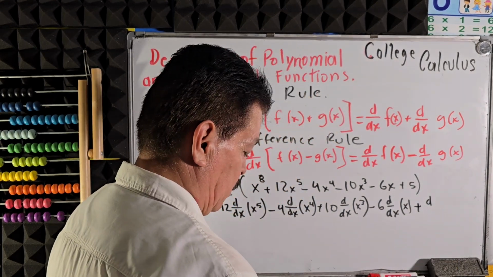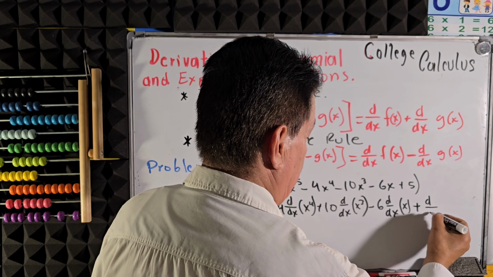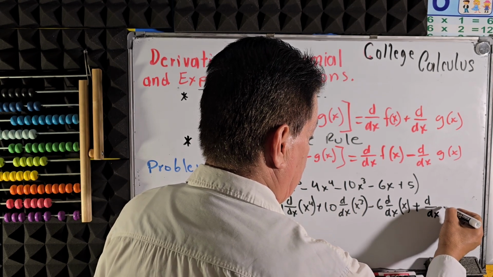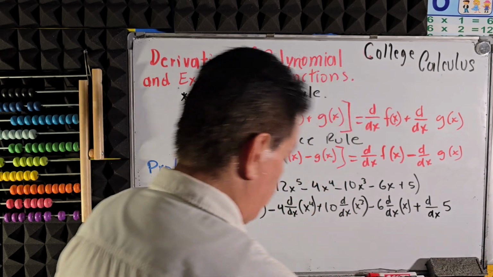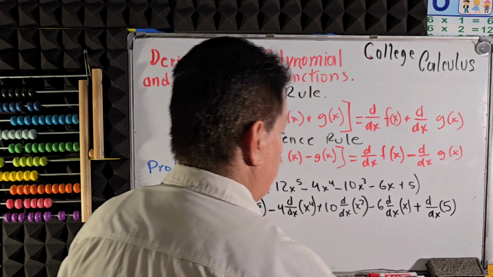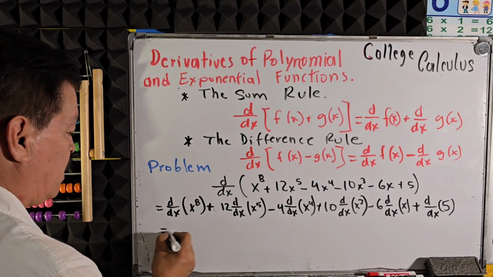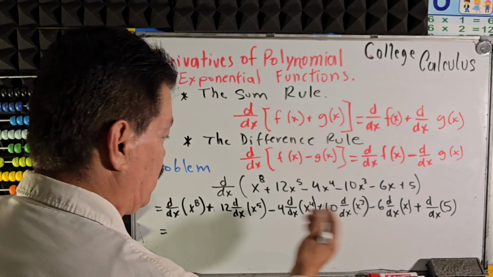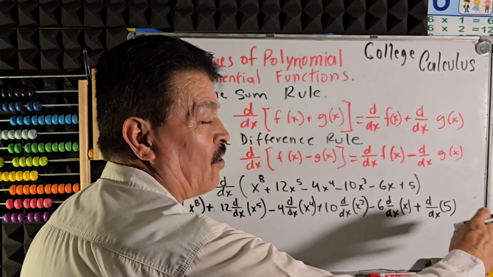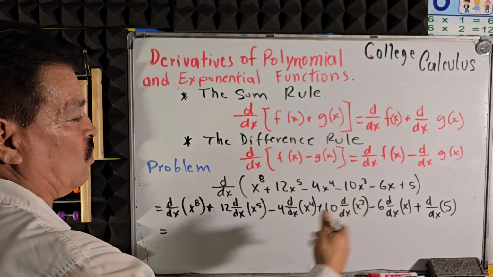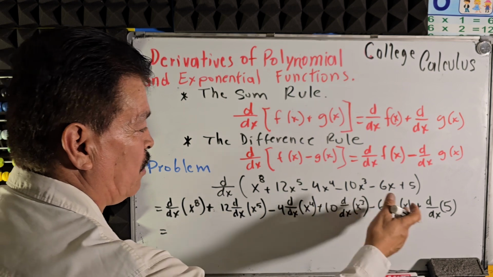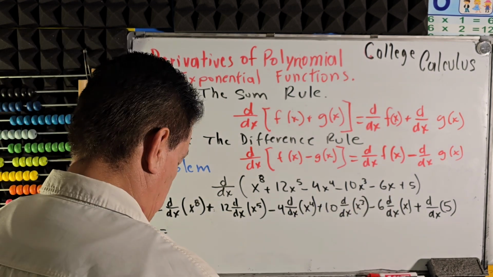We don't have any, just write d dx 5 times 5. Now simplify. You have to simplify here. Two more steps here. Oh, it's long. But it's good to just keep in your mind. Don't lose it, because it's a lot.